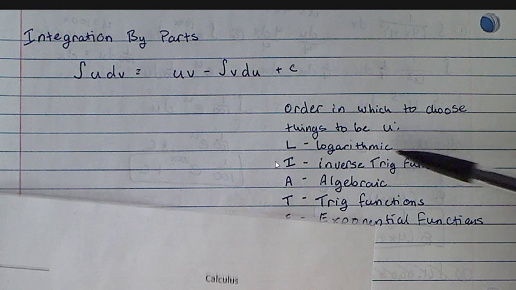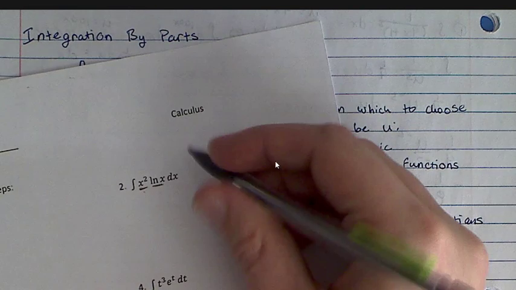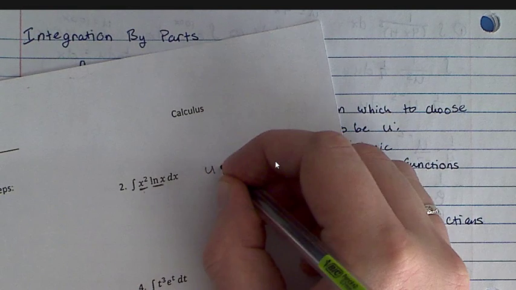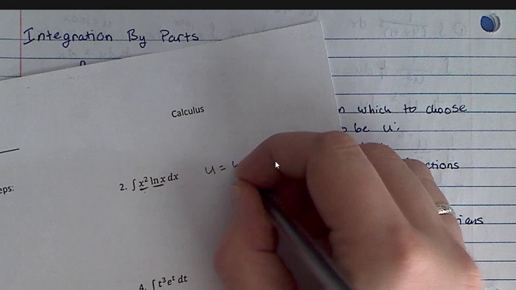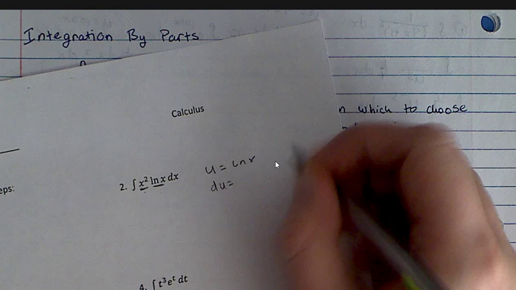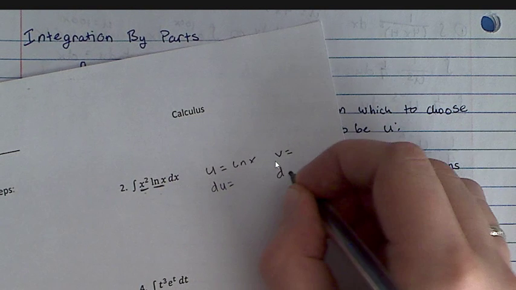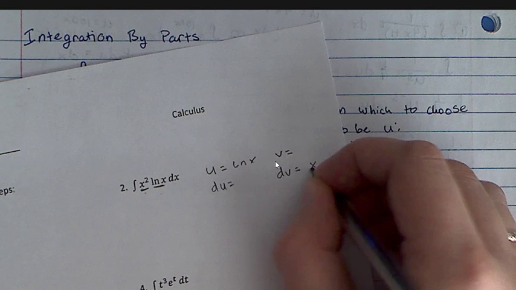Algebraic is down here, logarithmic is up here. So that means that ln x is going to be u. So we're going to say u is equal to ln x. That means we need to find du. We also have to say what v is, and that means that dv is x squared dx.